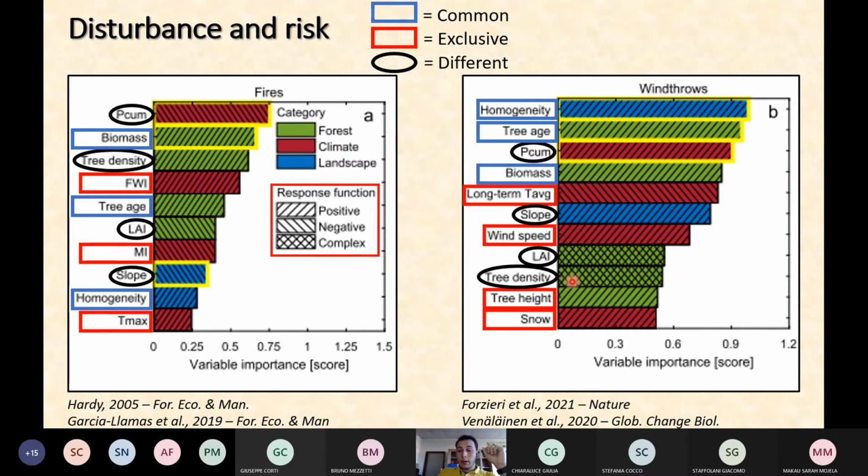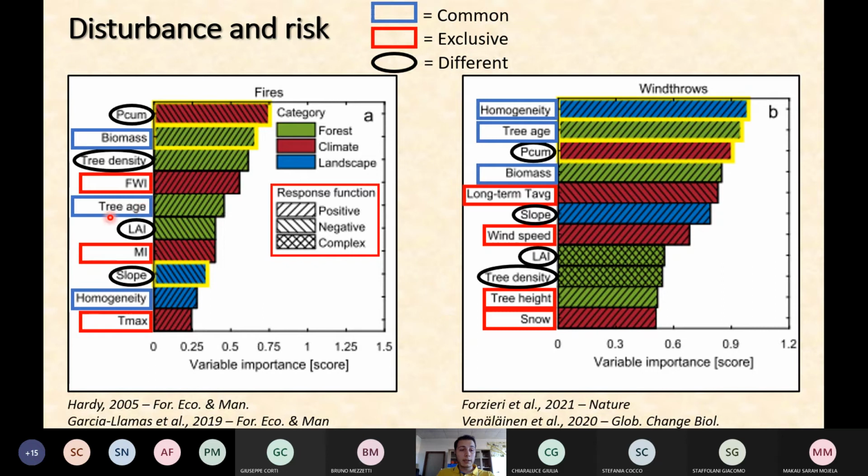For the wind throws, landscape homogeneity, tree age, biomass accumulation, and also wind speed are all increasing factors. In fact, the wind speed is the main driver that can cause the wind throws. We can see that there are some factors that are common to both disturbances, and this can partially explain why there can be synergic effects of these disturbances.